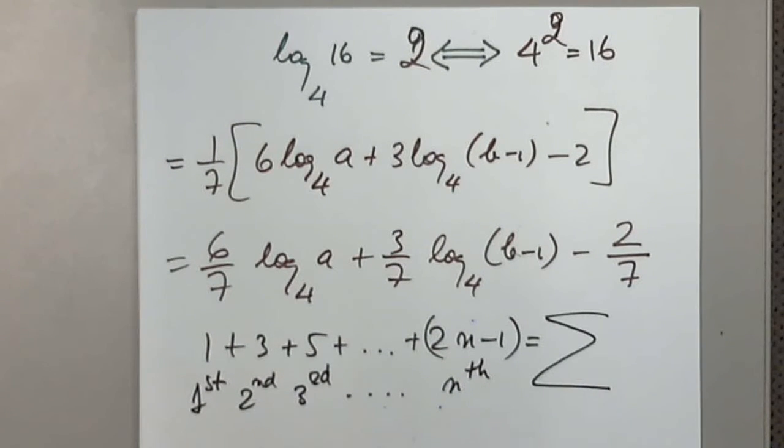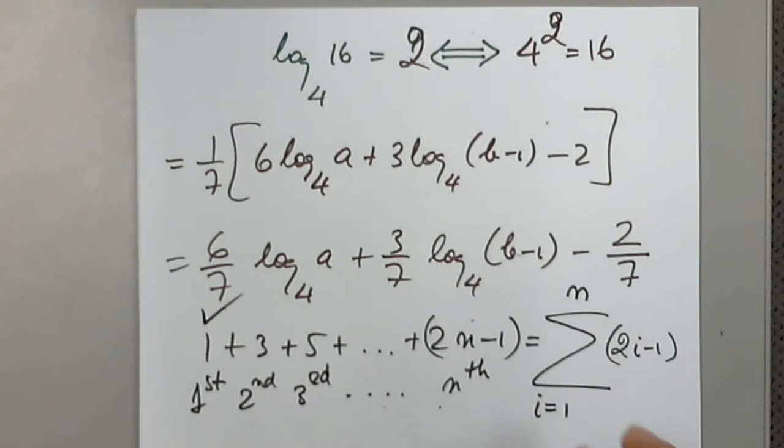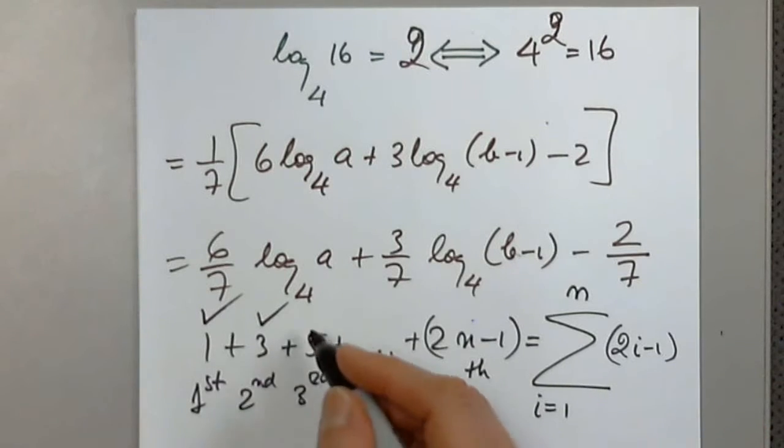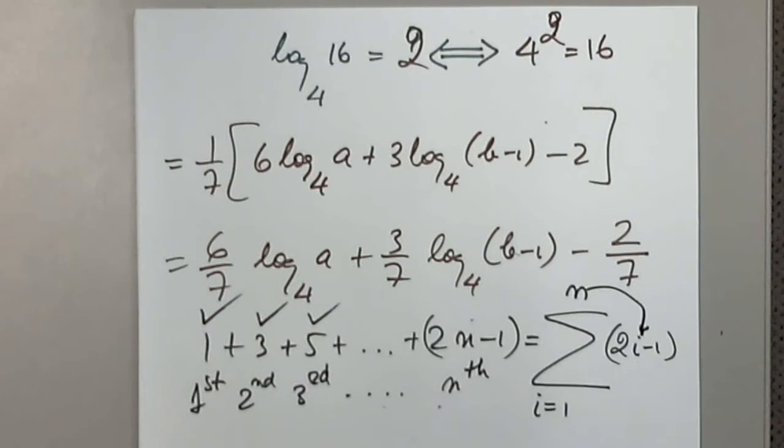So with the summation notation, this is 2i minus 1 from i equals 1 through n. Let's check. When i is 1, 2 times 1 minus 1, first term. When i is 2, 2 times 2 is 4 minus 1 is 3. Check. When i is 3, 2 times 3, 6 minus 1, 5. Check. Dot, dot, dot, when i is n, 2n minus 1.